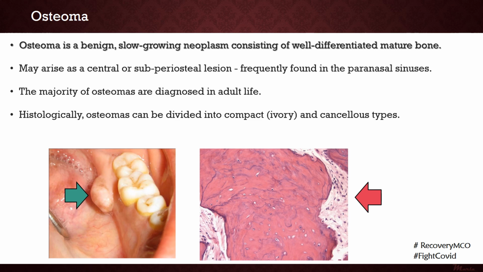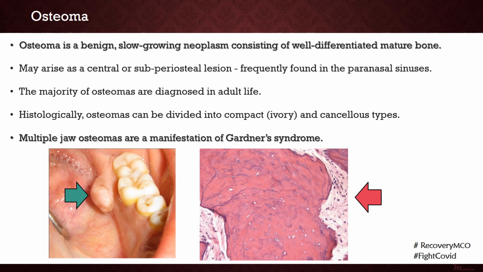A bone biopsy performed for osteoma will generally show compact bone as seen in this photomicrograph, or immature cancellous bone, which would slowly mineralize further to become compact. It should be remembered that there is a syndrome known as Gardner's syndrome, wherein multiple jaw osteomas are seen within the oral cavity.